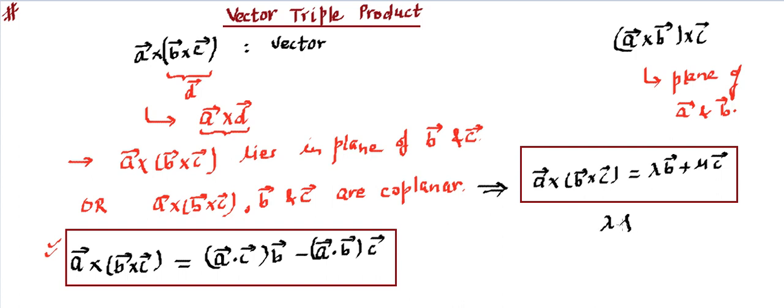Here lambda and mu are the symbols indicating constants. So whenever two vectors are given to us, we can always write a third vector in the same plane as lambda B plus mu C. This combination expresses all the vectors that lie in the plane of B and C.